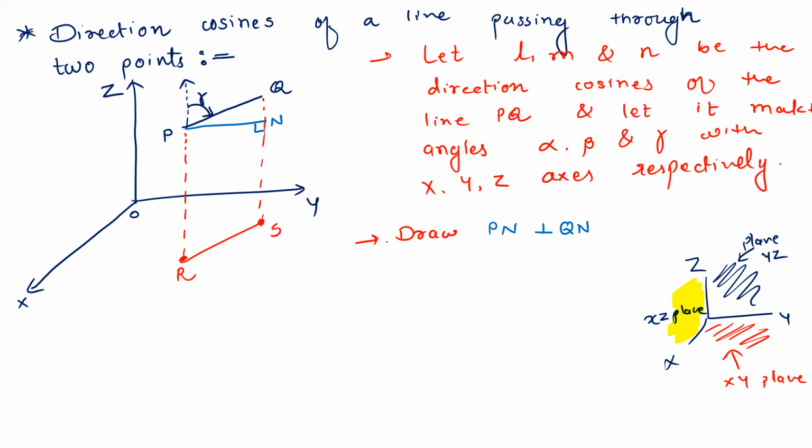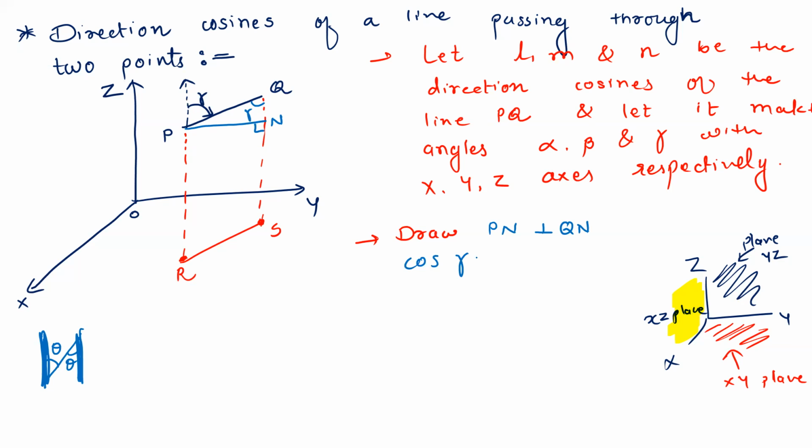As I drew the perpendicular, if this is gamma, you can see it makes a Z with parallel lines. If these two lines are parallel, then they are making alternate angles. So whatever angle is here, that same angle will be over here. In this case, this is gamma. So I can find out cos gamma.